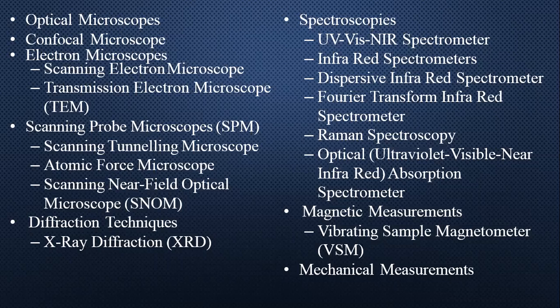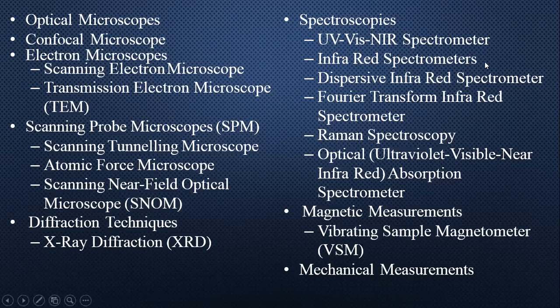Next are the diffraction techniques we can use for characterization. It includes the X-ray diffraction, abbreviated as XRD. Next are the spectroscopic methods for the characterization. These include ultraviolet visible NIR spectrometer, infrared spectrometer.